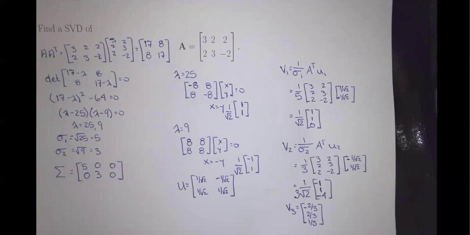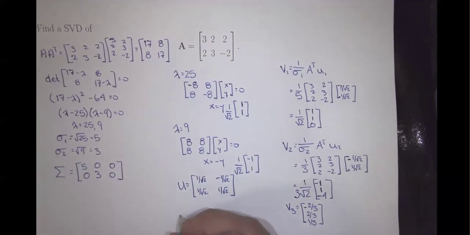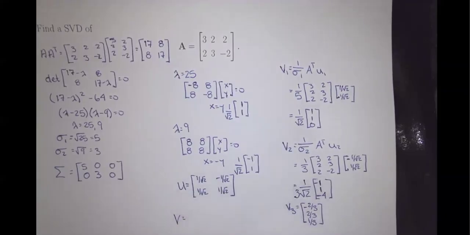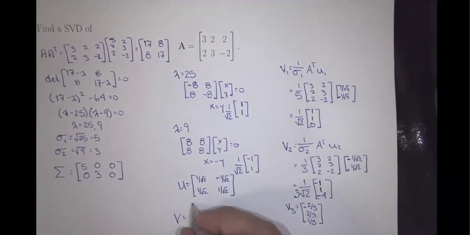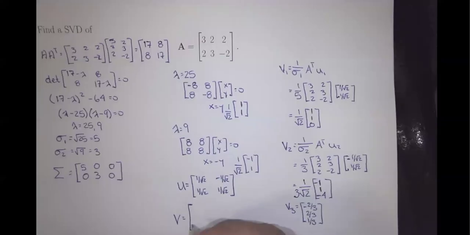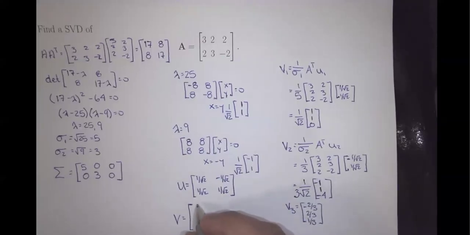Okay, so this gives us our V. Our V is going to be 1/√2, 1/√2, 0.